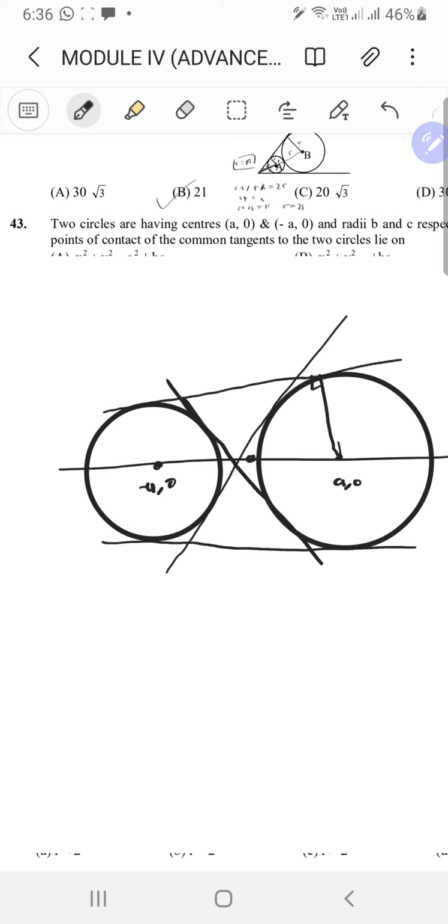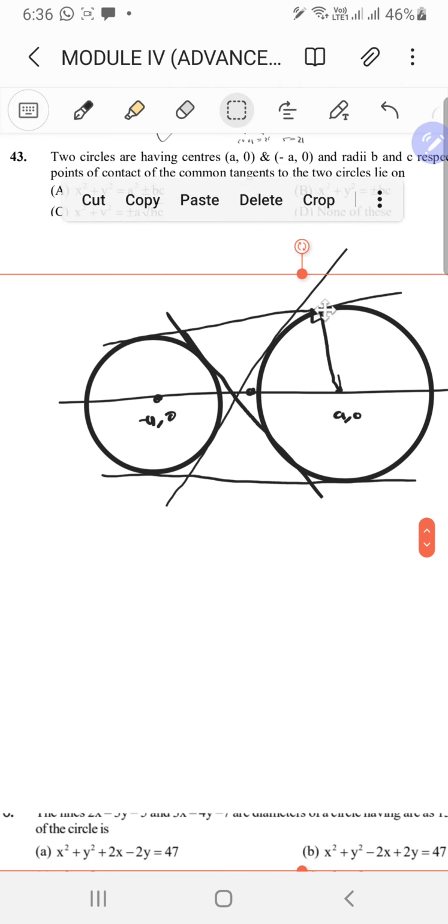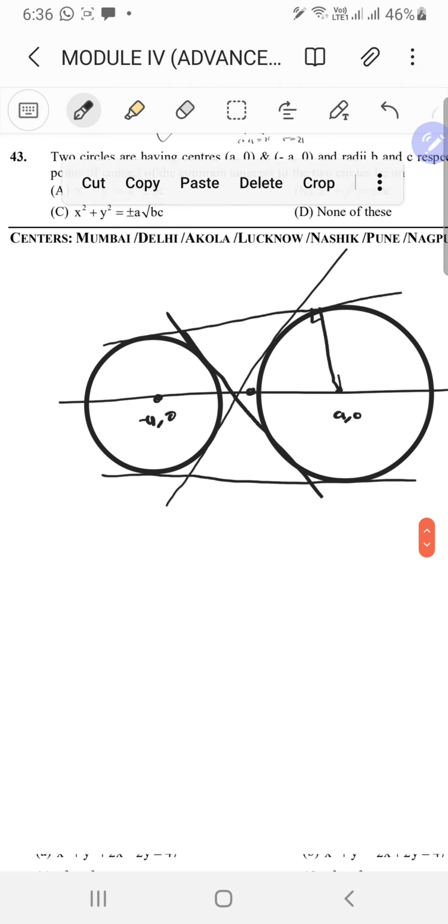Come on, why is my brain not working suddenly? You know what, this is such a good question, maybe we can keep it for later. But instead of spending so much time, let's just go for special cases.